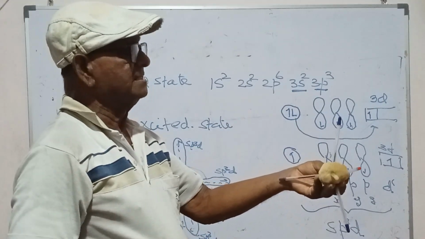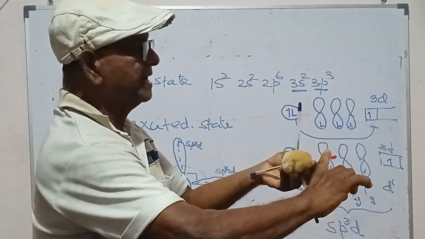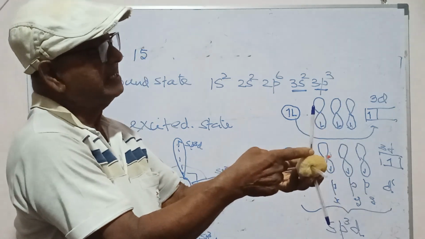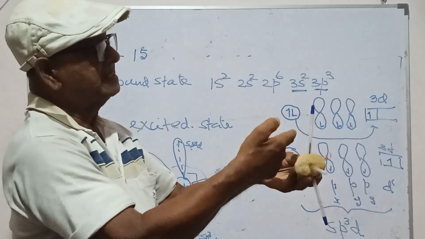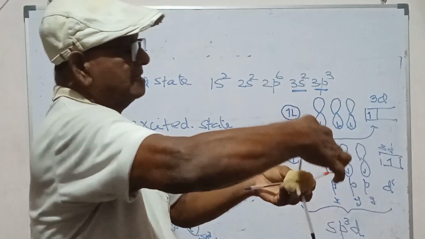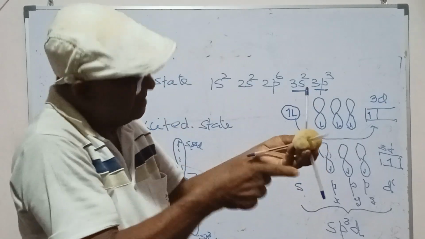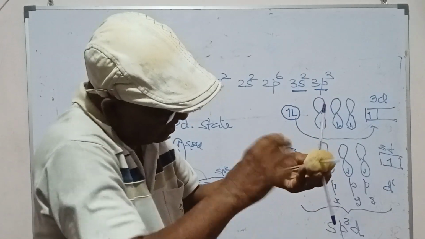Now how many angles? 120 angles, 3 angles of 120, and with this orbital perpendicular, 90 degrees. Here one, other one here, 3 90-degree angles. Below also 3 90-degree angles.